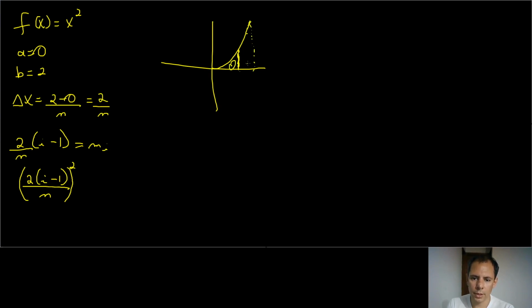So you have a rectangle here and another rectangle here. How do you find the area of the rectangle? You have to get the value of x. Since it's the left-hand point, this one is going to be 0, and this one is going to be this value.